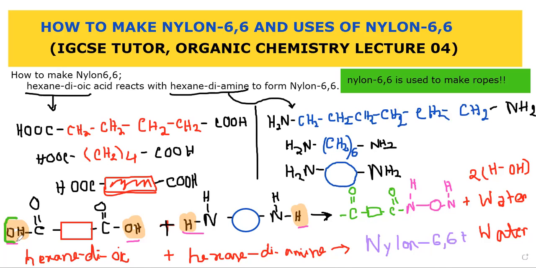Then we remove OH and H from hexane dioic and hexane diamine. We join OH and H, and we get two H2Os, and the remaining joined product is our desired product, that is nylon 6, and nylon 6 is used to make ropes.